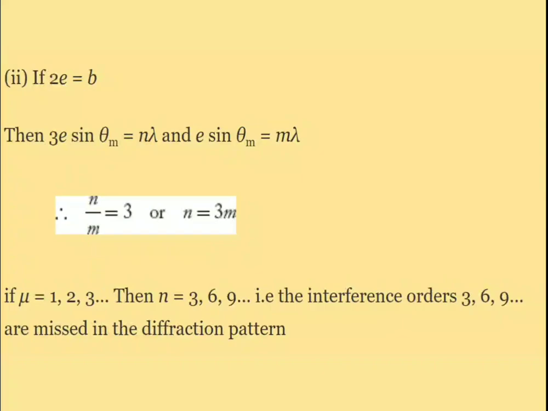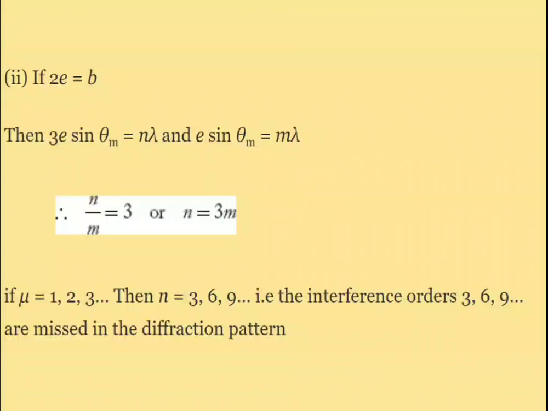this is another condition where the interference orders are missing: b equal to 2e. Again substitute in the interference maxima condition, (e plus b) sin theta equals n lambda. In place of b we substitute 2e, then e plus 2e becomes 3e. So 3e sin theta equals n lambda. Already the diffraction minima condition is e sin theta equals m lambda.